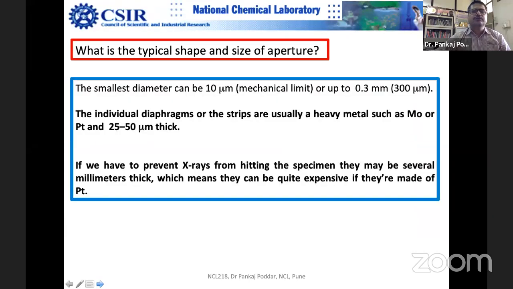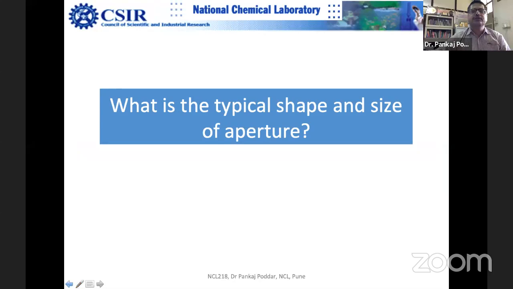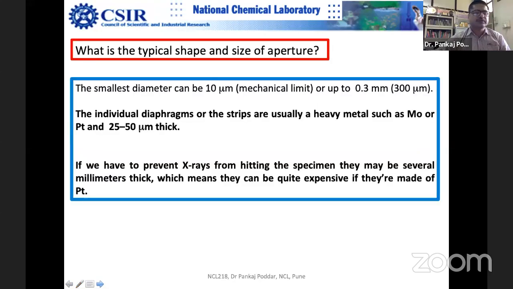So the shape has to be highly spherical, because you do not want non-spherical. As I mentioned, non-spherical shape can be due to contamination depositing on one side of the circumference, right?